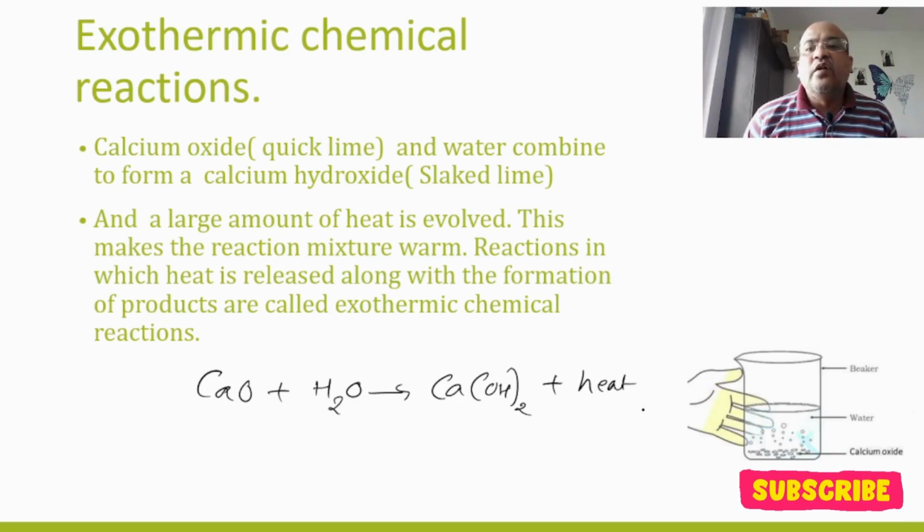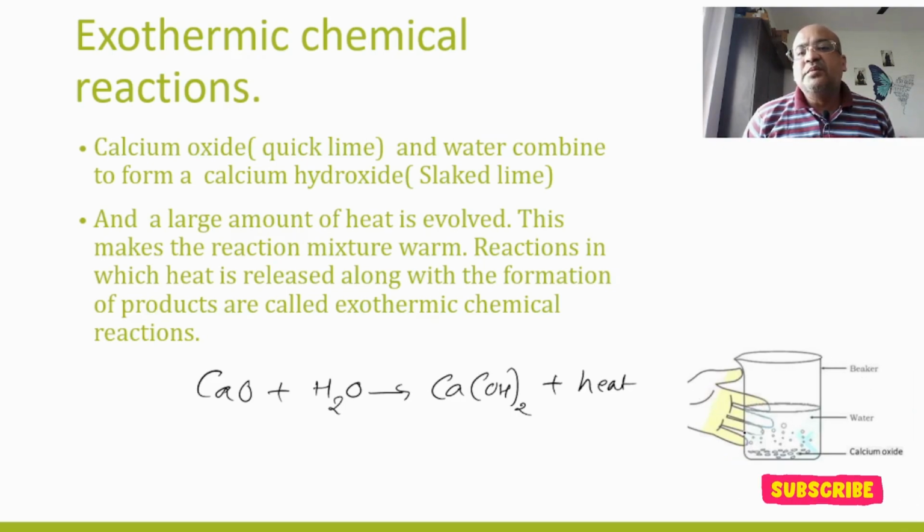Now, how did we get this heat? If you see in the beaker, we have taken calcium oxide. The moment you start adding water, what will happen? If you touch the beaker from outside, you will see that it has become a little warm, right? The temperature has increased. So what does it indicate?